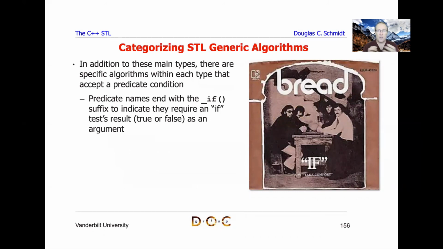So within these categories, there's also another type of differentiation of algorithms, and these are the ones that have the if suffix. We've seen these again, find_if, count_if, and so on. And what they do is they take some kind of predicate functor or lambda function, and it will be used to check something.